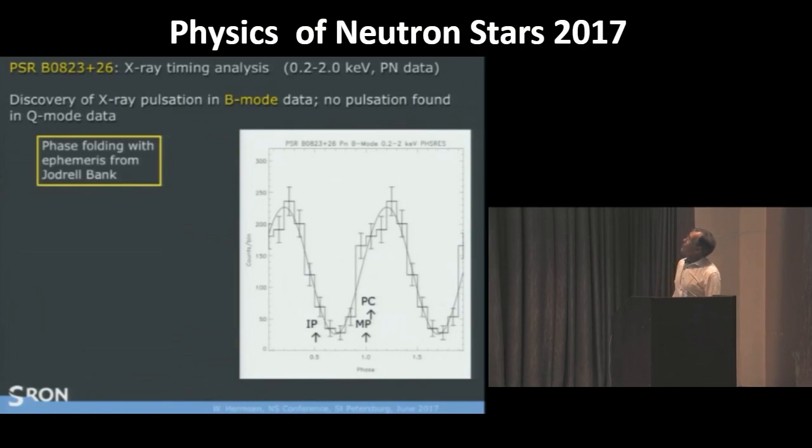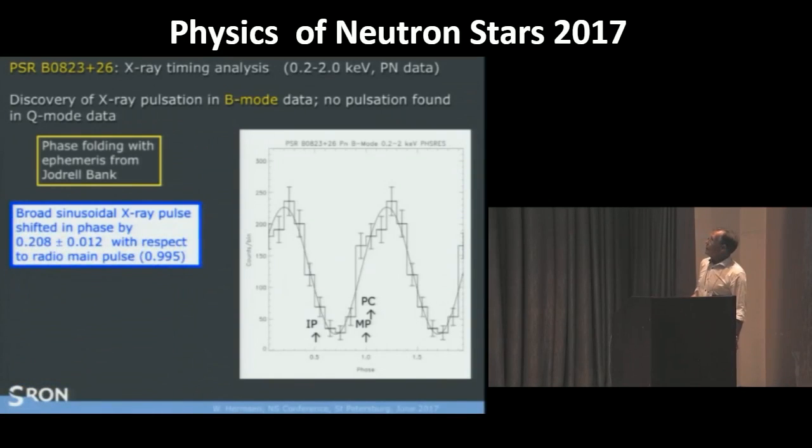We also discovered for this pulsar now moding of pulsations in the bright mode. So this is the light curve. Here you have the main pulse, the postcursor and the interpulse. And now the X-ray is lagging by 0.2 in phase. Again, it's a broad profile.